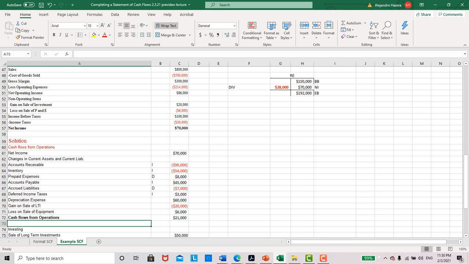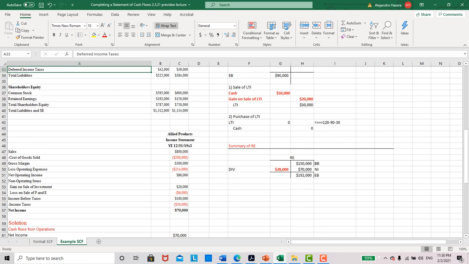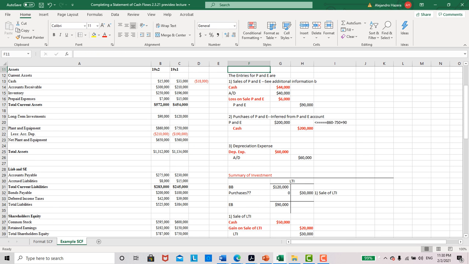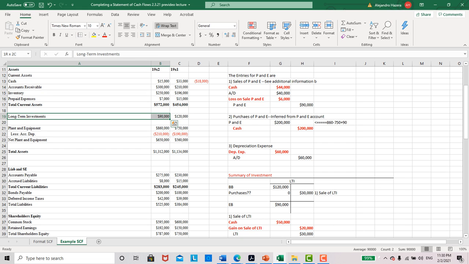Anyway, basically what I did is I went down and I went through all my current assets and liabilities. Then I went through my plant and equipment, and then after that, I just looked at all these accounts, having done all the investment and retained earnings summaries. I went down through all these accounts and made sure that they were all reconciled. So if you think about it, everything here, accounts receivable, inventory, prepaid expenses, were all in the statement of cash flows.